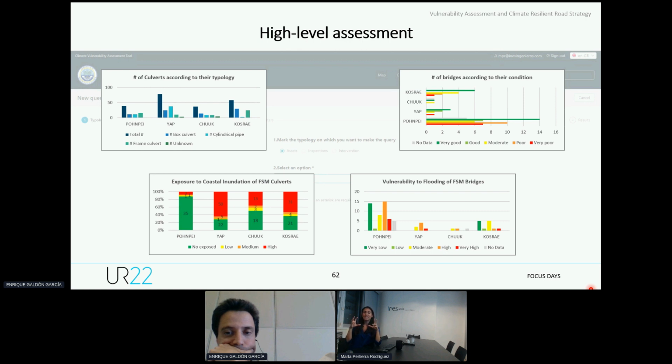So it's giving us a view on which states are more exposed, where we have more vulnerable assets, and which typologies we have mainly in the islands, whatever we want. Any field of the database can be exploited through this part of the tool and can generate graphs at that high level so that you can make decisions on how to organize, for example, your teams in the government, and how to allocate more money in one state or another, in one region or another.